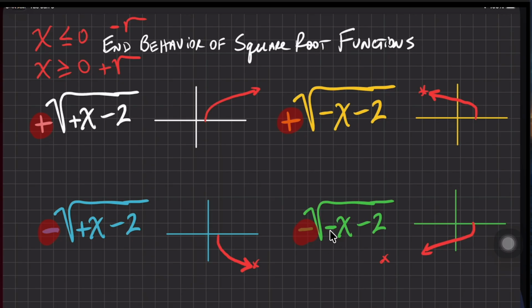It doesn't matter what's on the inside. What I'm focusing on now is the y value. That sign outside the radical determines whether the y value of this graph is going to head towards positive infinity when it's positive out front, or negative infinity when there's a negative out front.